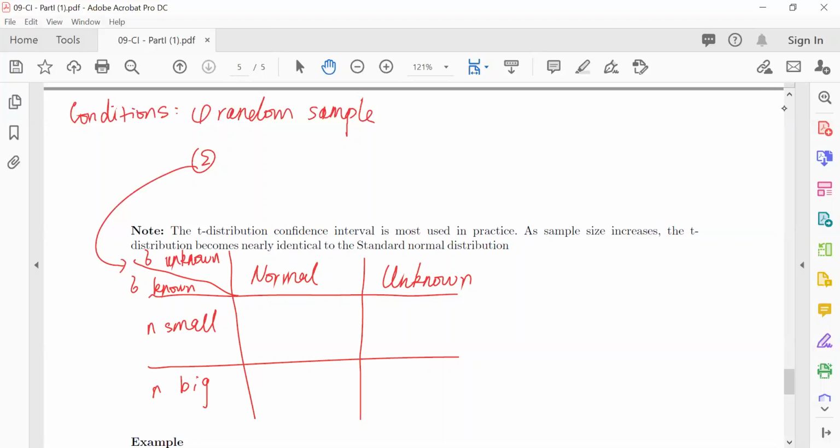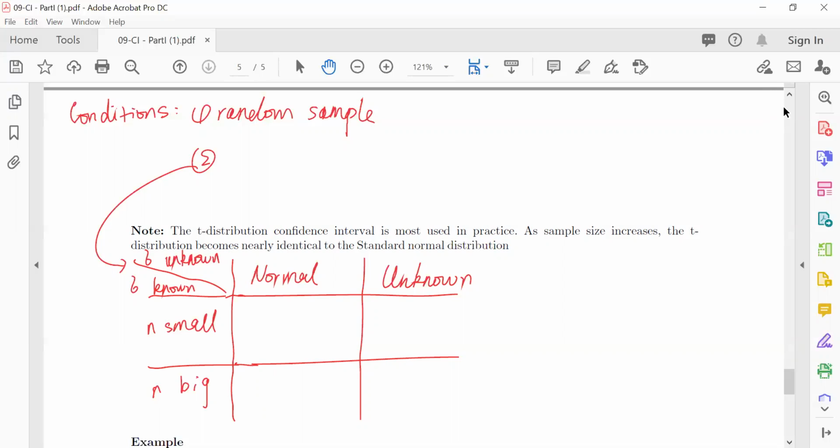Let me make this line a little bit straighter. Okay, so when your population distribution is normal, we have talked about it in the central limit theorem, that no matter what your sample size is, your sampling distribution of the sample means will be normal.